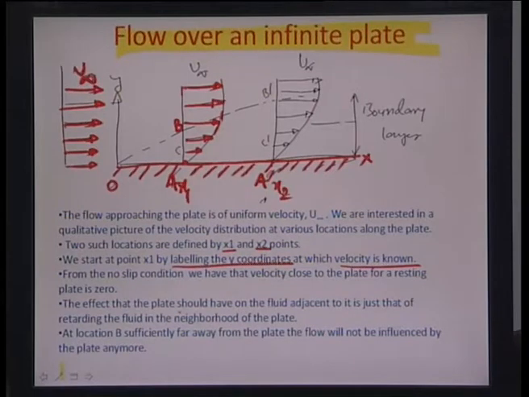As we know, very close to the plate we have a no slip condition or a no slip zone where typically the velocity is 0 as indicated in this particular region.